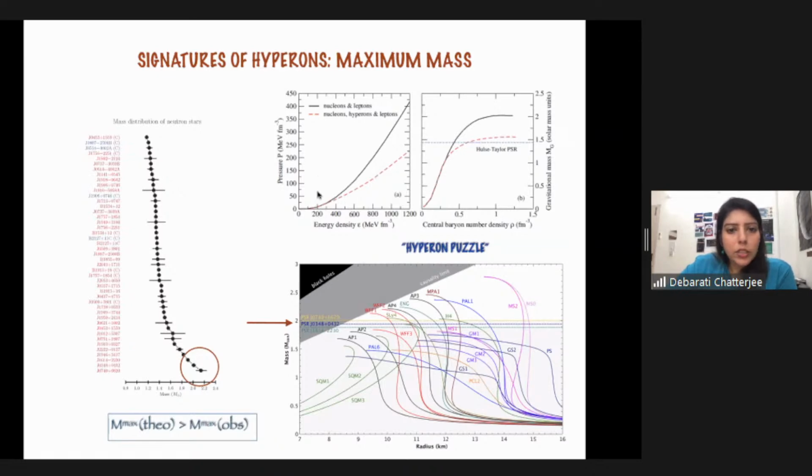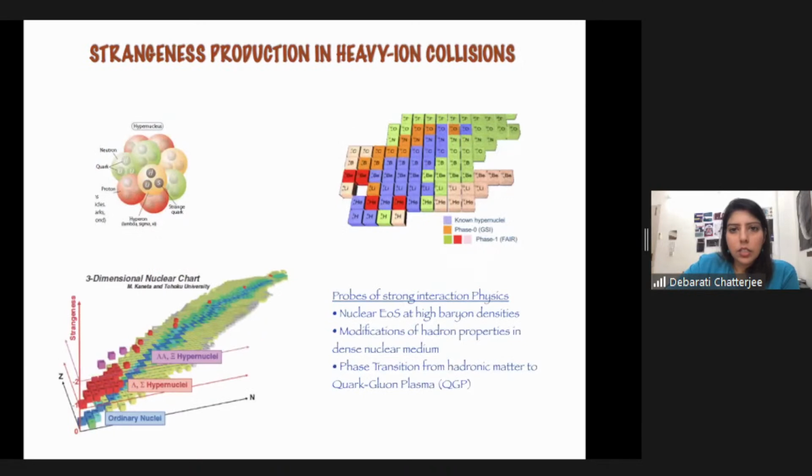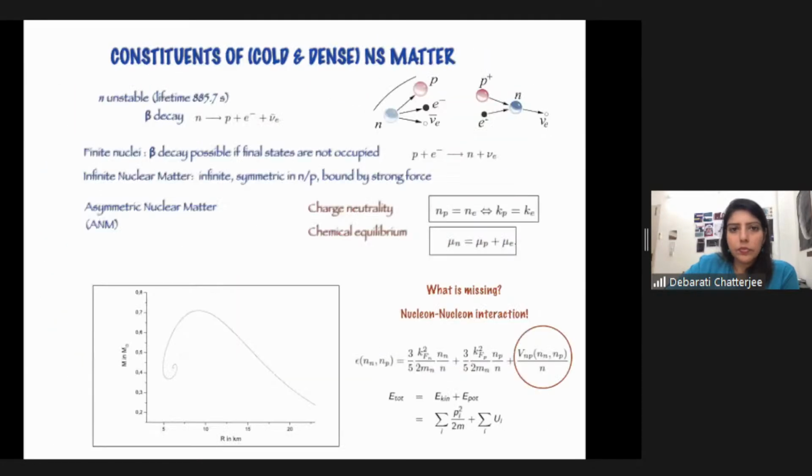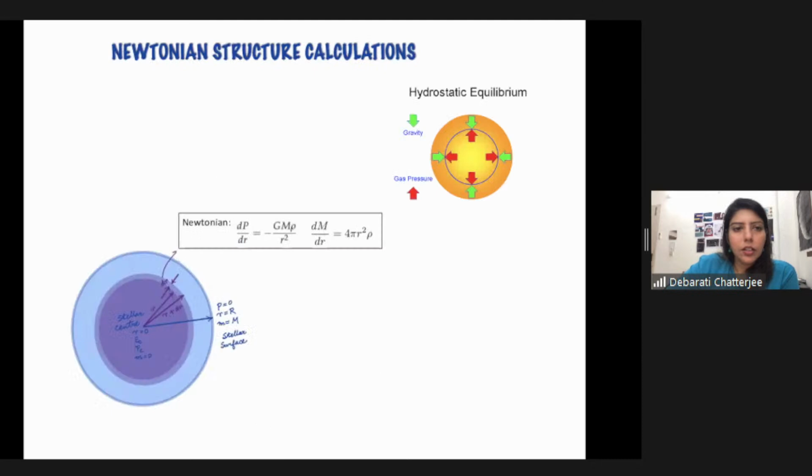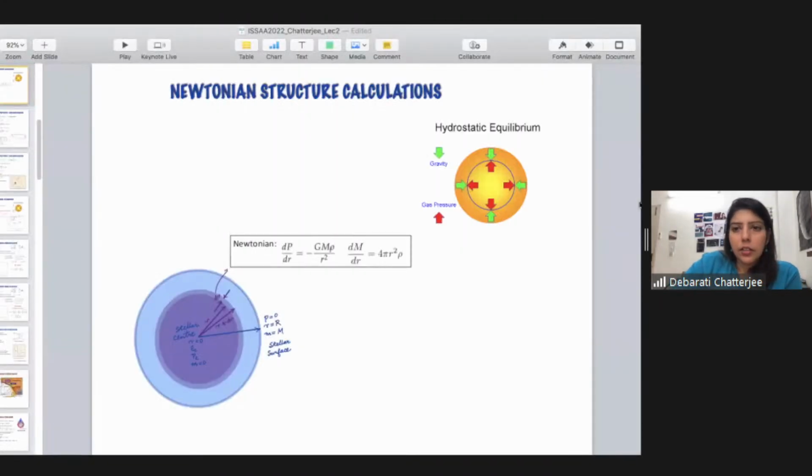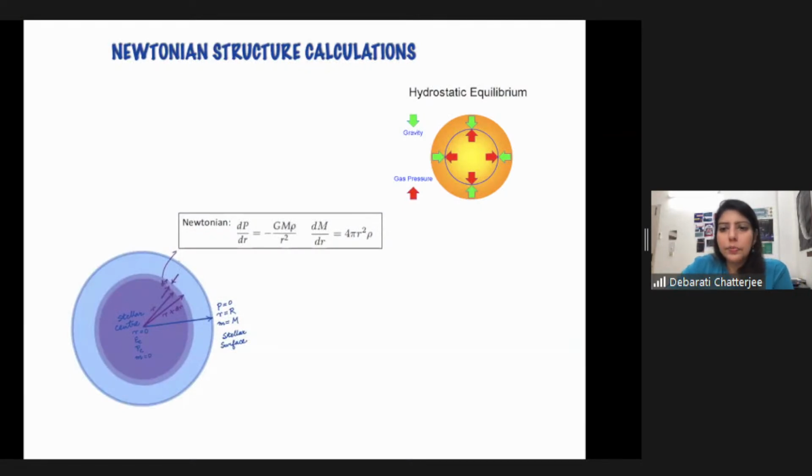What's the critical point of net change of pressure per density or radius to balance hydrostatic equilibrium between the gas and the inwards pulling gravitational force? So this is, for the Newtonian case, you can see here the critical point of change of pressure.